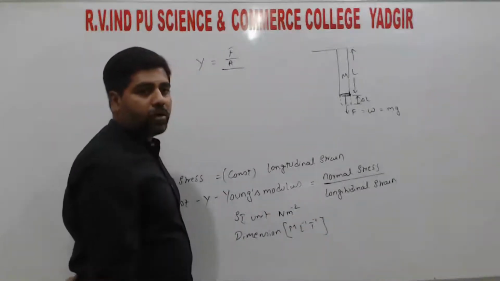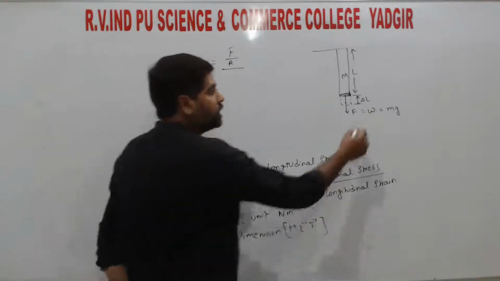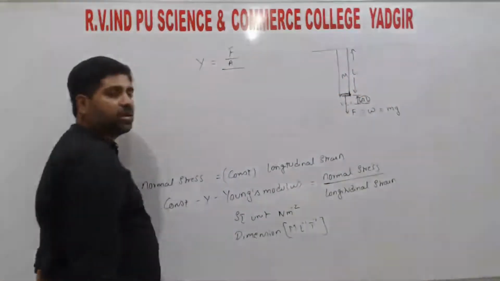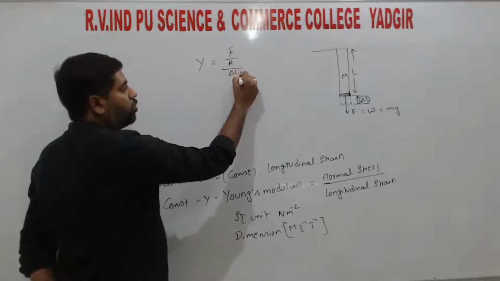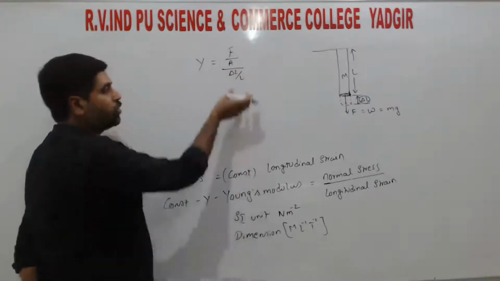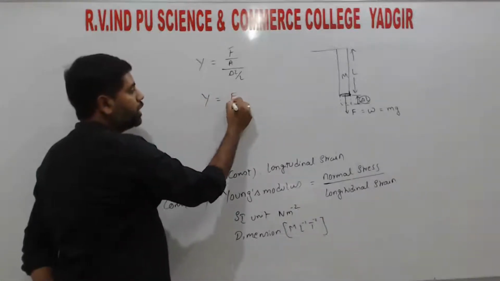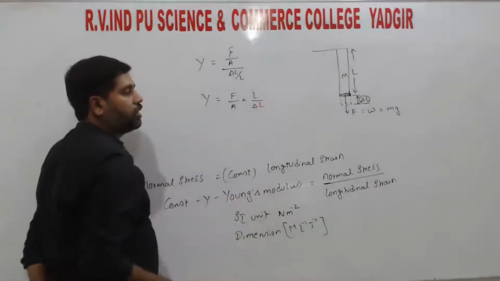Longitudinal strain is defined as the ratio of change in length, delta L, to its original length L. So it is delta L divided by L. Shifting the denominator to the numerator, it becomes F divided by A into L divided by delta L.